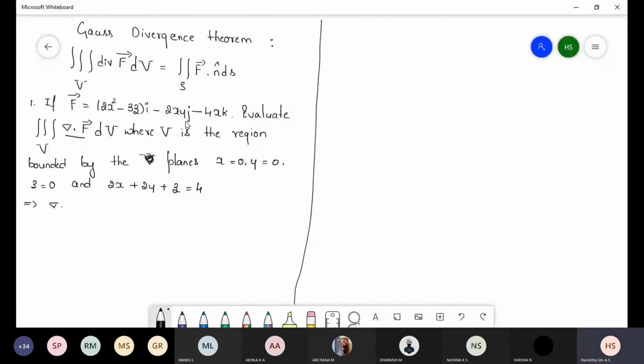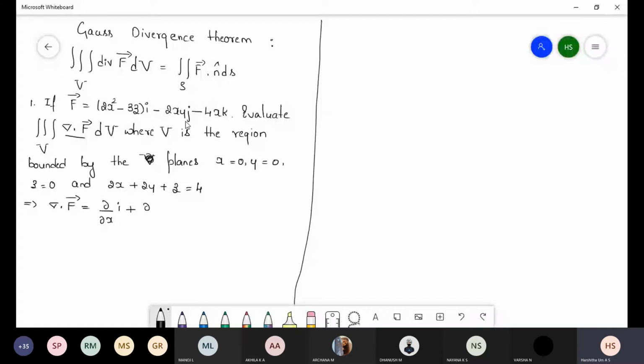So here I will write del dot vector F is dou by dou x into i, dou by dou y j, dou by dou z k dot, write the vector F value 2x square minus 3z i minus 2xy j minus 4x k.